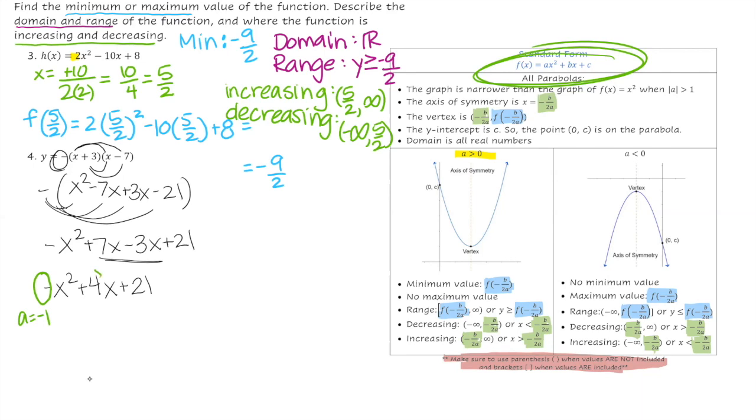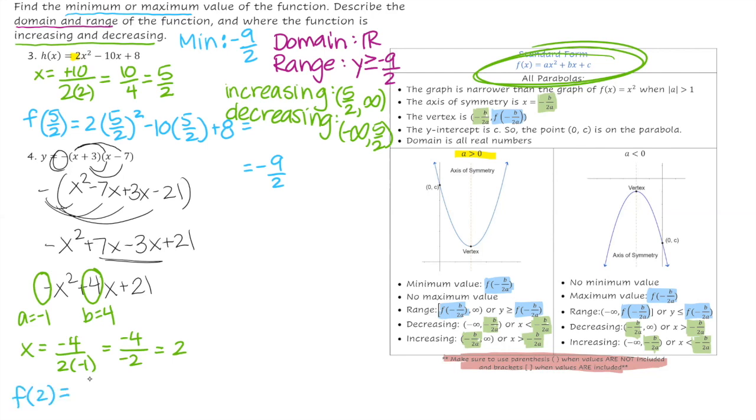And then the b is what's multiplied by your plain x, so it's a positive 4 for b. And we can go ahead and find what x is, the negative b over 2a. So negative 4 over 2 times negative 1. So negative 4 over negative 2 is a positive 2. All right, we found our x value. It's not even a fraction.